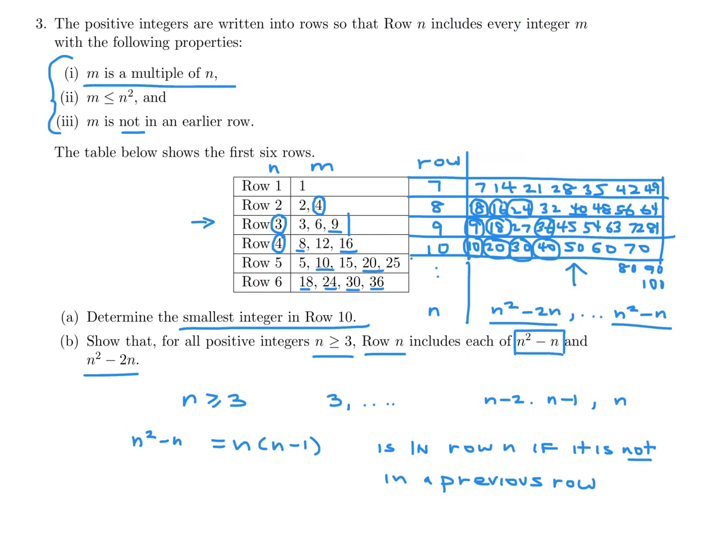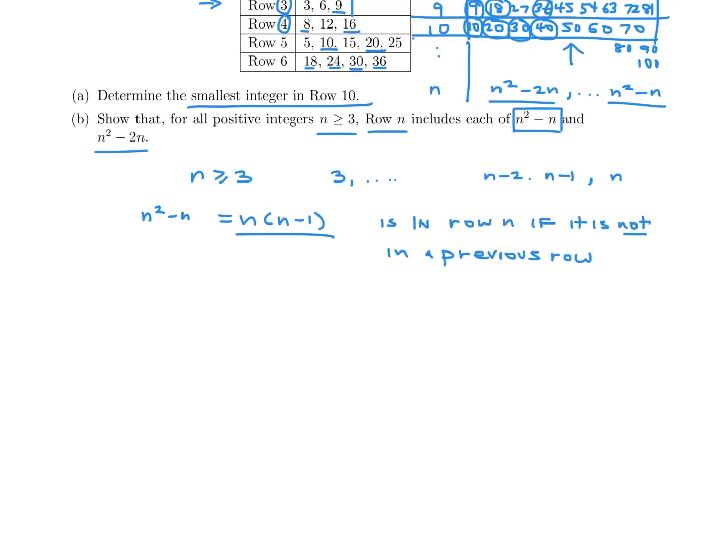It is a multiple of n. It's n minus 1 times n. So that criteria is filled. Let me just write that here. So n squared minus n, which is n minus 1 times n, is a multiple of n. Okay. Yeah, that was the first criteria.